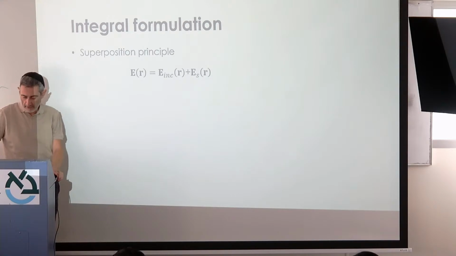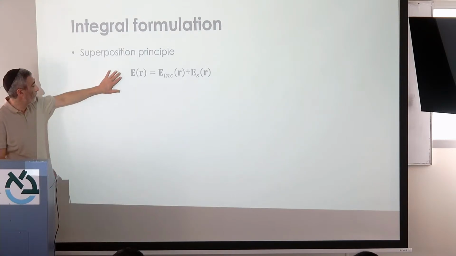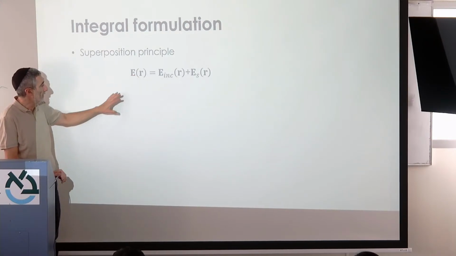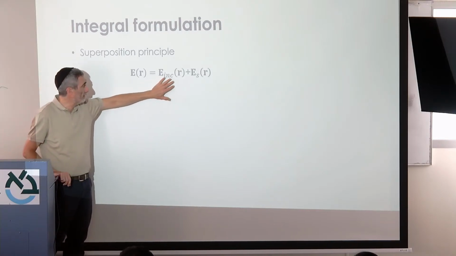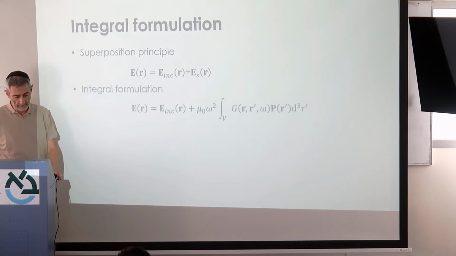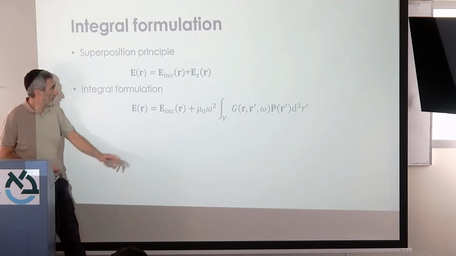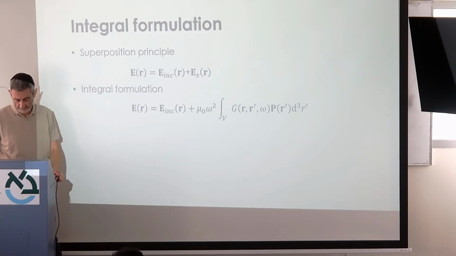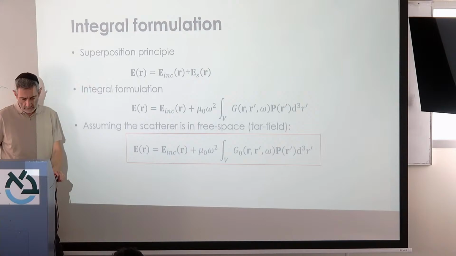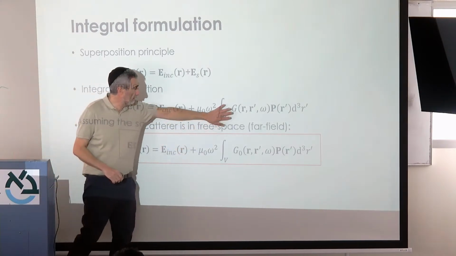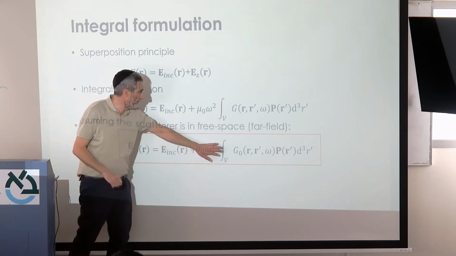So we want to get the field at some position R. We said that this is composed of the incident field and the scattered field, by the superposition principle. If you replace Es as we formulated it before, we have this expression here. If you assume that around the scatterer we are in free space, then instead of the general Green function you can use the free space Green function.